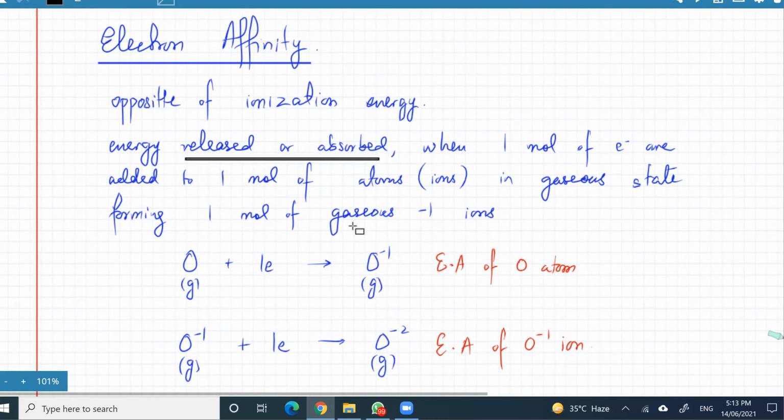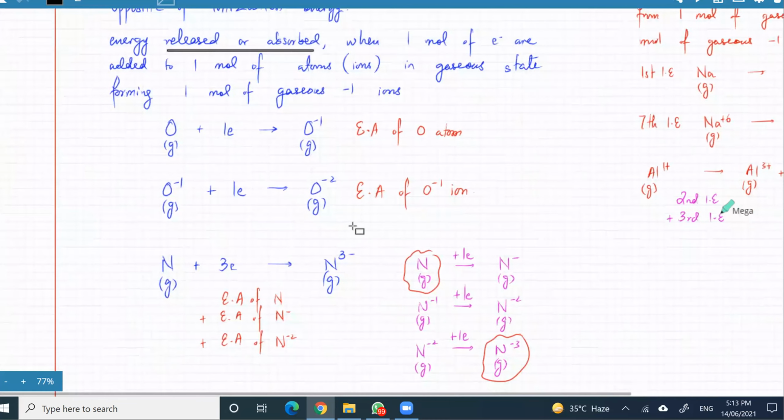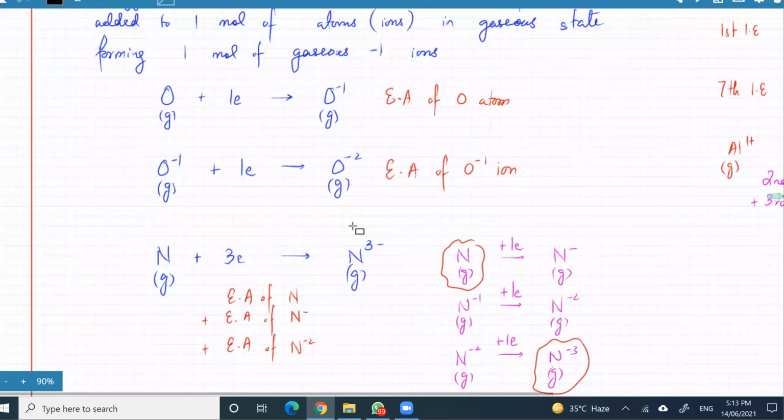It's energy released or absorbed. So, for example, look at oxygen. The two electron affinities. What do you think the first one is? Is it endothermic or exothermic? Just make a random guess. Exo.